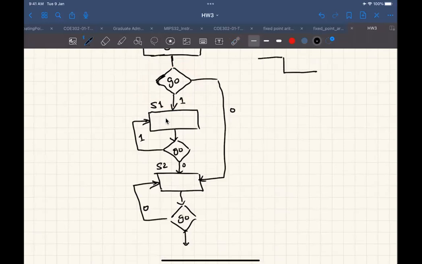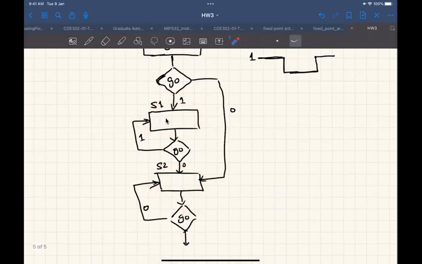Go here is 1, initially 1. So in order to have a positive edge on go, you need go to go to 0 first, and then go to 1. So this requires 2 states. And this is why, if go is 1, then we are going through this state and then this state, and then you detect a positive edge or not.